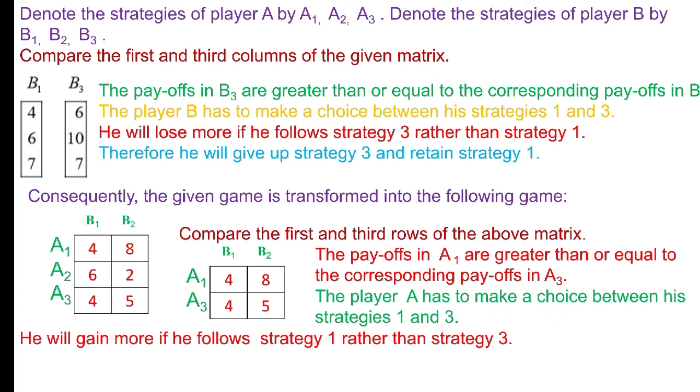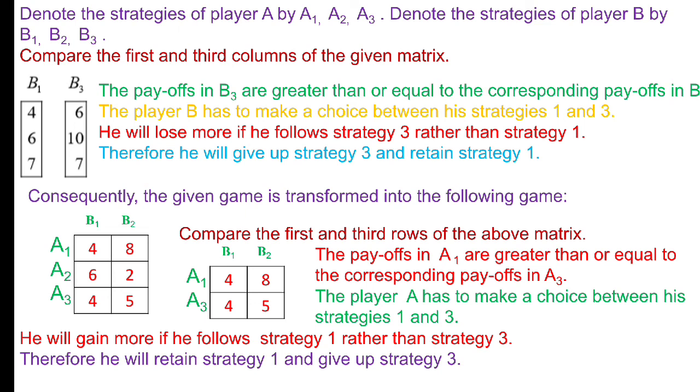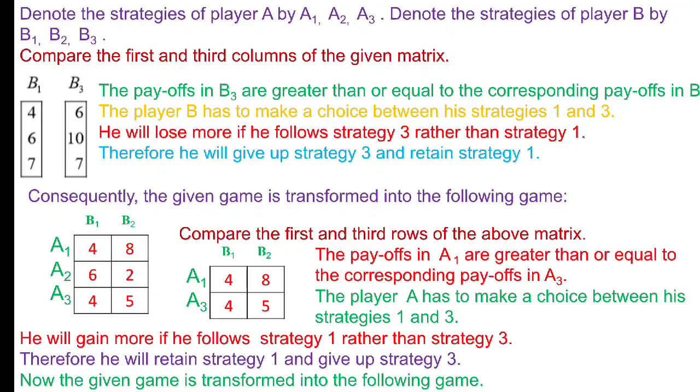Therefore the reduced matrix will be A1 and A2, B1 and B2. Here is why I selected A3 to delete: after comparing the first and third rows, A3 will be deleted because of its row minimum.